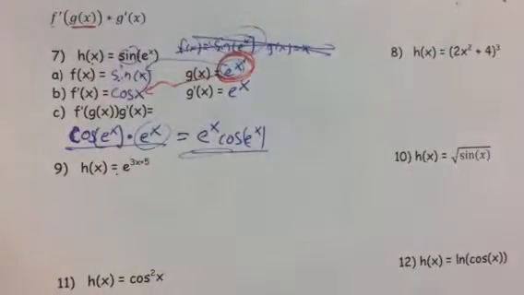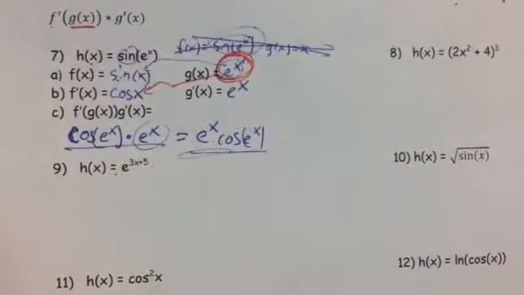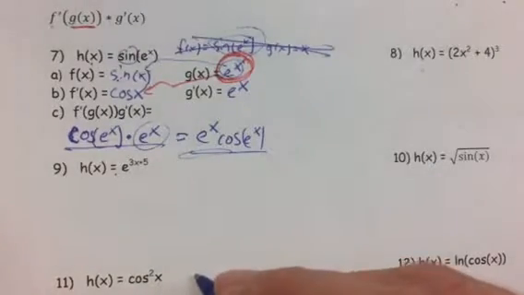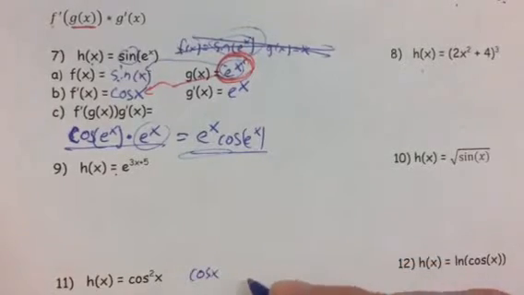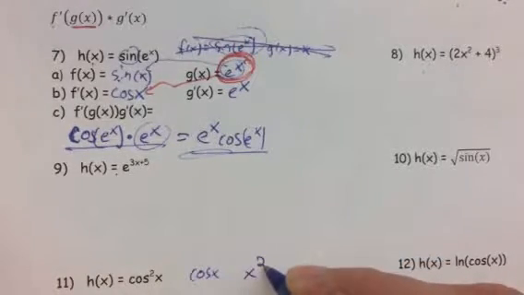I'll do one more of these because I thought these were a little bit weird. H of x is cosine squared of x, and so let's see, a, f of x. What are the two functions? Well, the two functions are cosine of x and x squared.